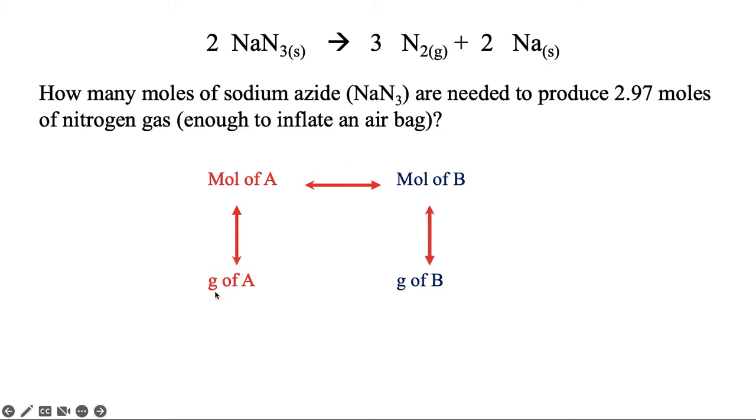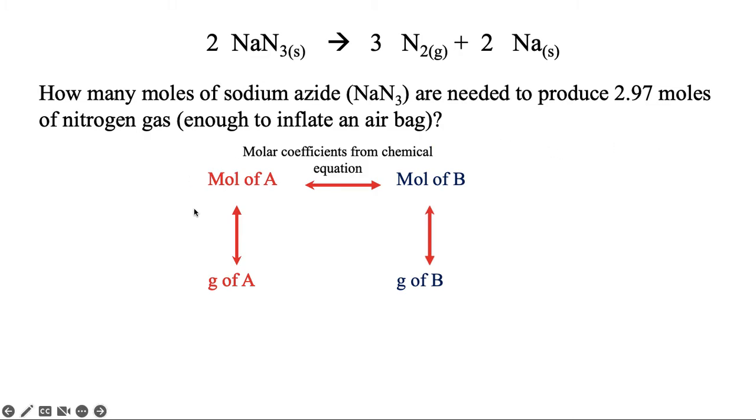I don't need to mess with grams because I'm given an amount of moles of A and I'm asked an amount of moles of B. So I don't need to mess with either grams of A or grams of B. But in other problems, you might have to. So these are all the possible steps that you can have when doing stoichiometry problems. Let's take a look at how we solve this one then.